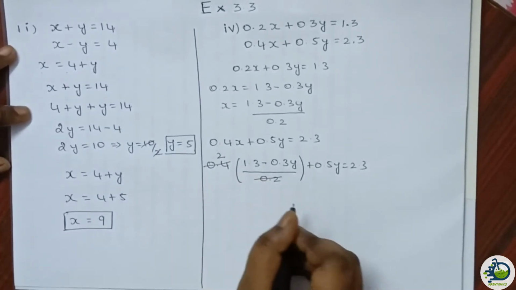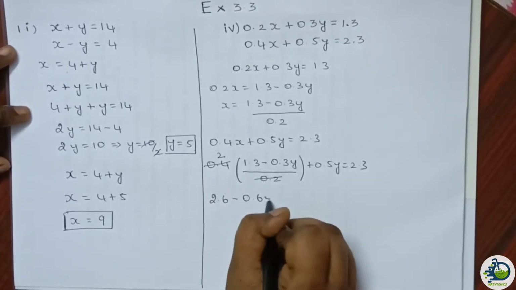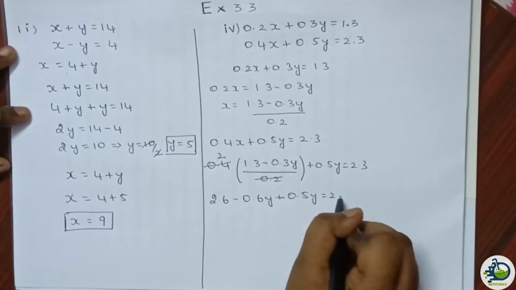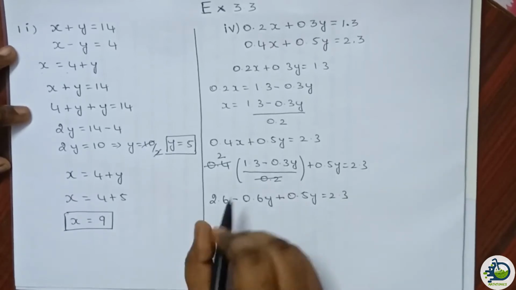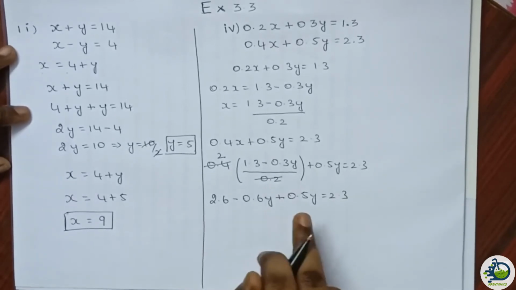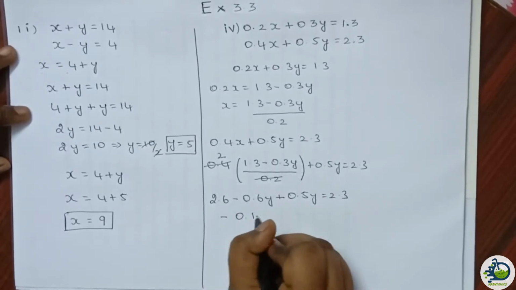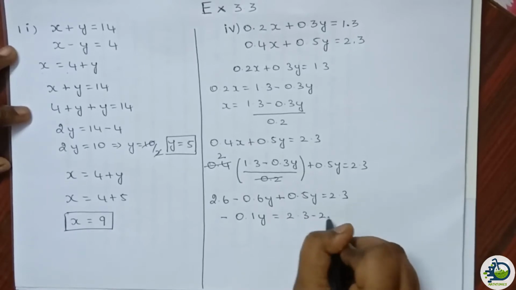So when I multiply this 2 inside, I am getting 2.6 minus 0.6y plus 0.5y equal to 2.3. So when I bring 2.6 to that side, it becomes minus 2.6. Minus 0.6y plus 0.5y is nothing but minus 0.1y, which is equal to 2.3 minus 2.6.